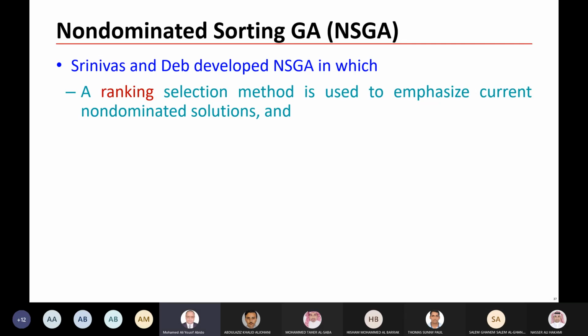We cannot compare all the objectives, but we can identify the non-dominated solutions, and we can give priority to the non-dominated solutions to survive to the next generations.